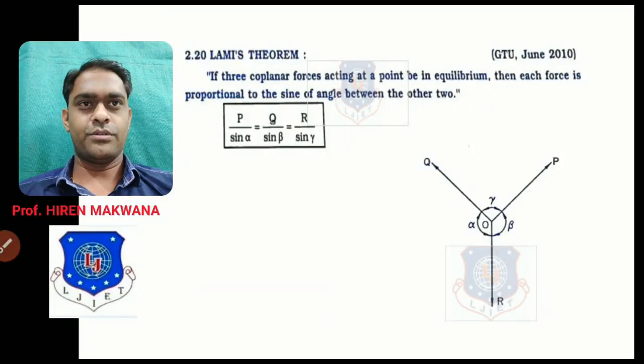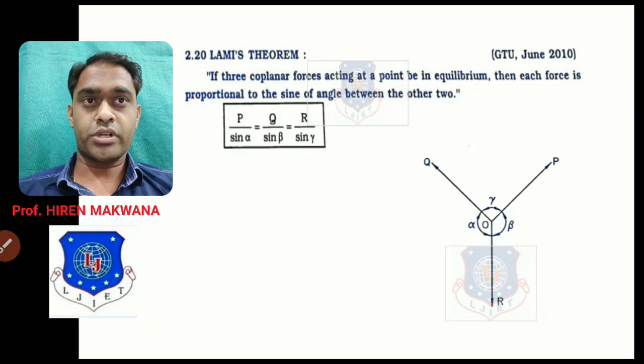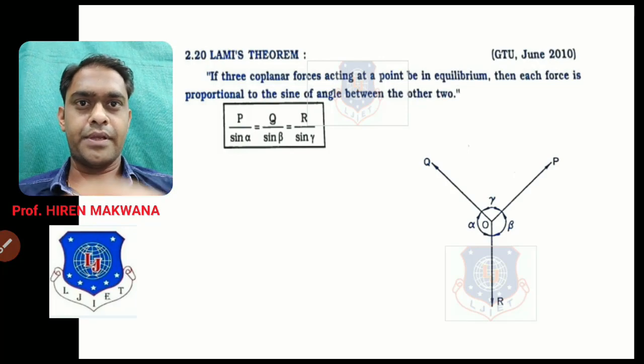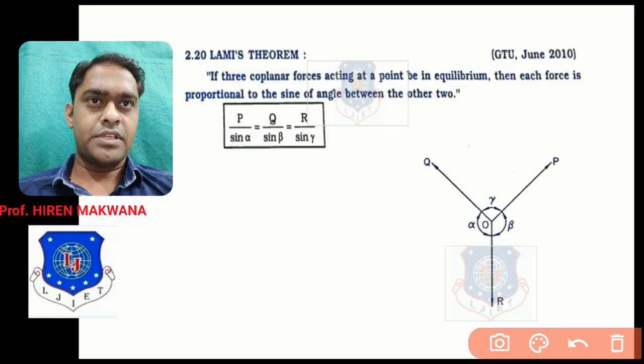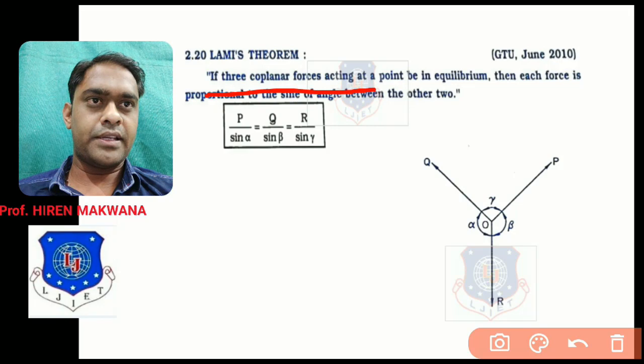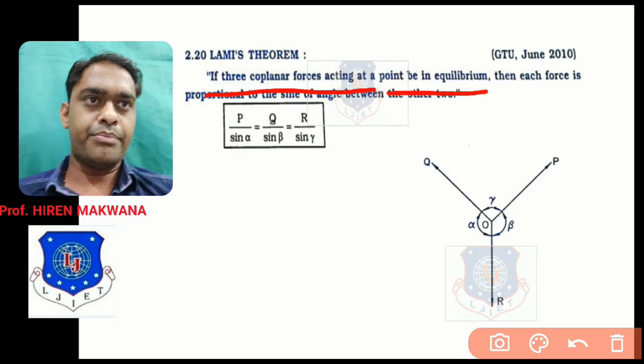Hello students, so let us start the most important theory, that is Lami's theorem. First of all, you should read the statement which is given to you. If three coplanar forces acting at a point are in equilibrium, what does that mean?